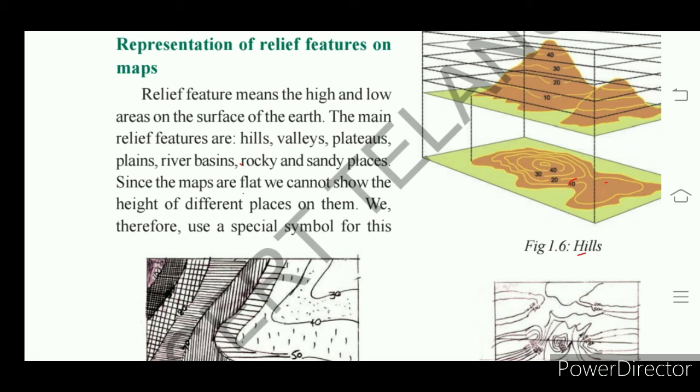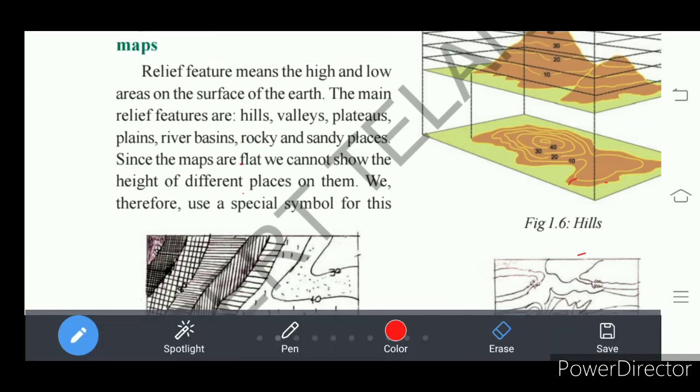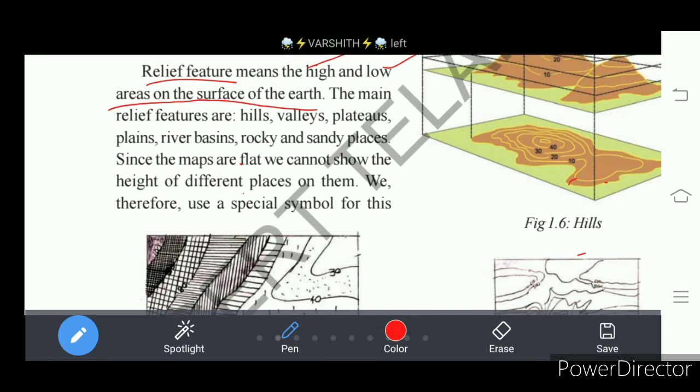So the different heights of places are what we call relief features. What is meant by relief features? They are the high and low areas on the surface of the earth.